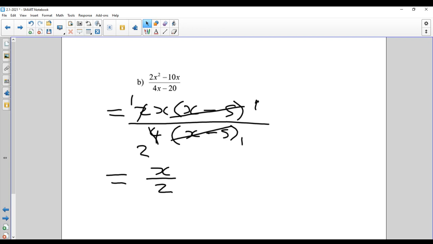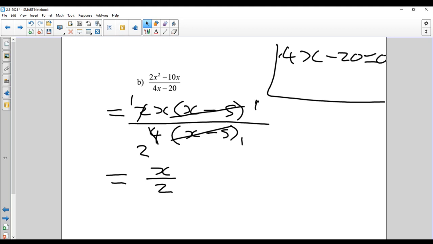Now, the other way that you could do this, not just for Atifa, if you're trying to figure out the restriction, a little box on the side here, take that denominator, 4x minus 20, and set it equal to 0. What you're really asking is, what value of x would have made this thing become 0? If you solve this, you get the answer for the restriction. So how do I solve that?